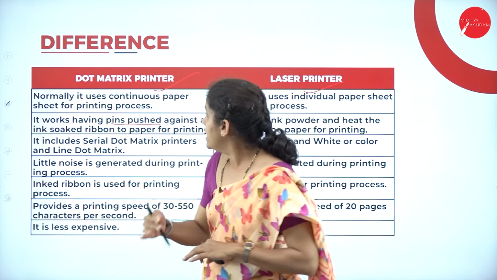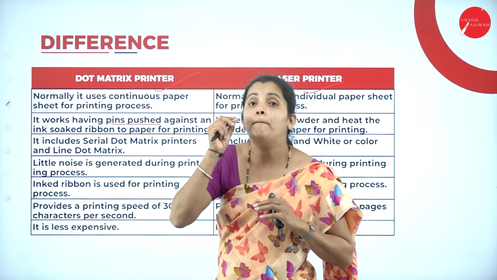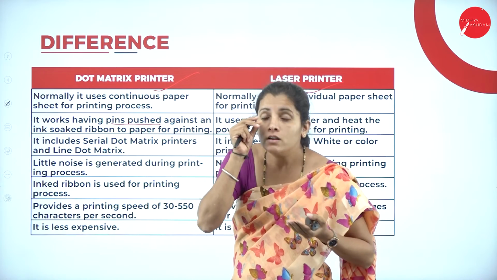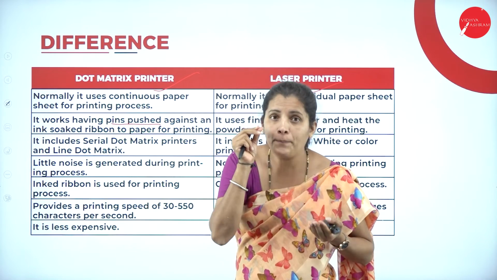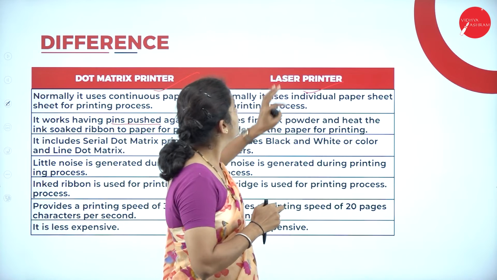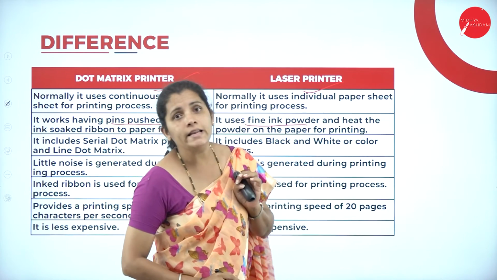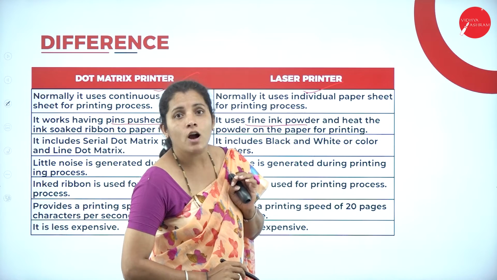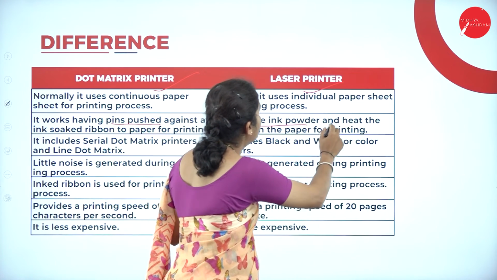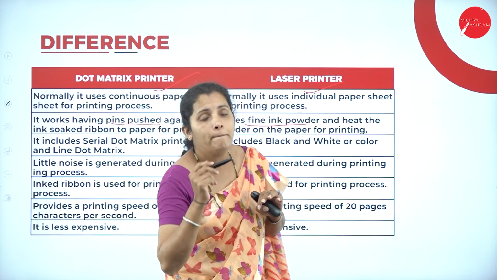Dear students, in a dot matrix printer, there is a pin. So there is an interaction of the pin with the ribbon, whereas a laser printer uses fine ink powder, that is, toner cartridge, and heats the powder on the paper for printing.